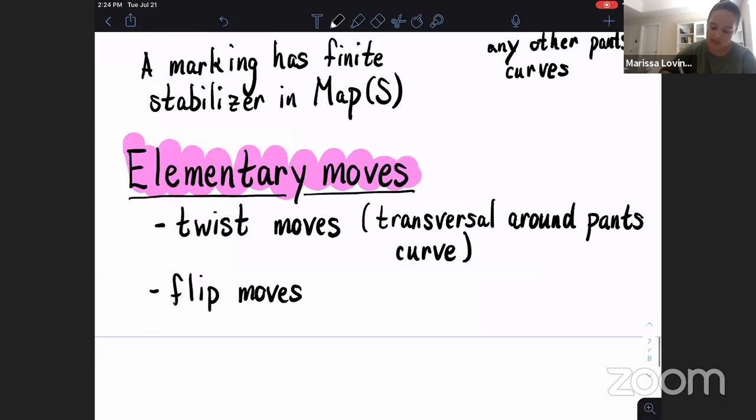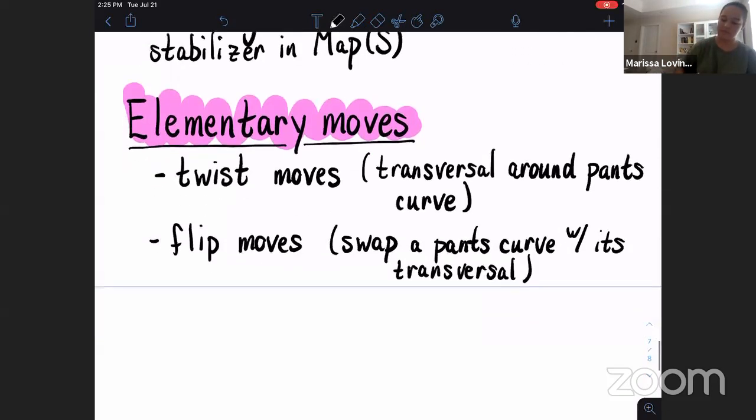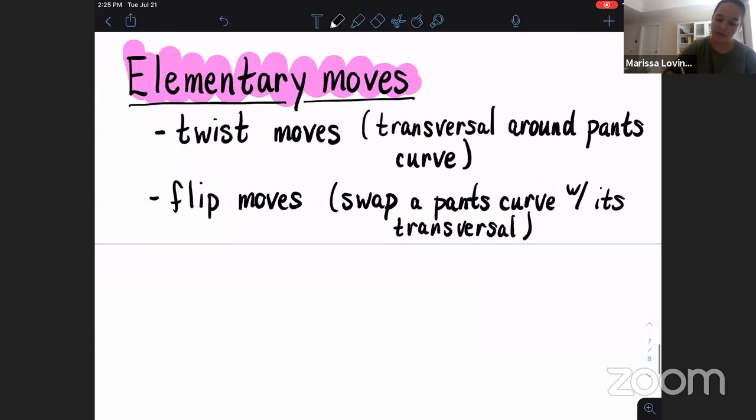And the flip move swaps a pants curve with its transversal. Okay, so these are my two types of moves.